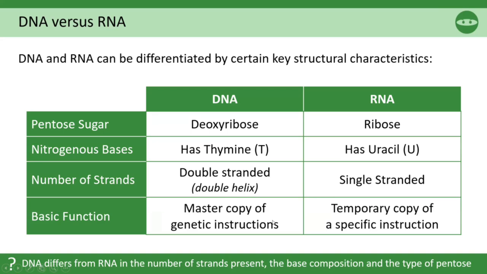It's the master copy of genetic instructions, a full copy of all instructions inside the cell, while RNA is only a temporary copy of specific instructions that is used as a template to synthesize proteins.